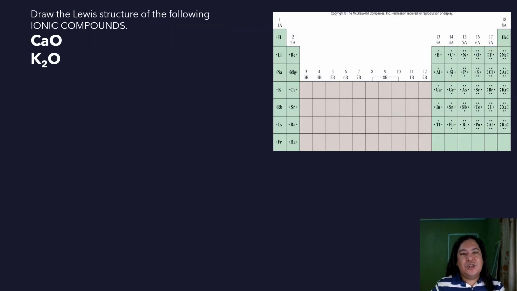Let's have calcium oxide. Calcium belongs to group 2A and oxygen belongs to 6A. So our calcium has 2 electrons, and oxygen has 6 electrons: 1, 2, 3, 4, 5, 6.